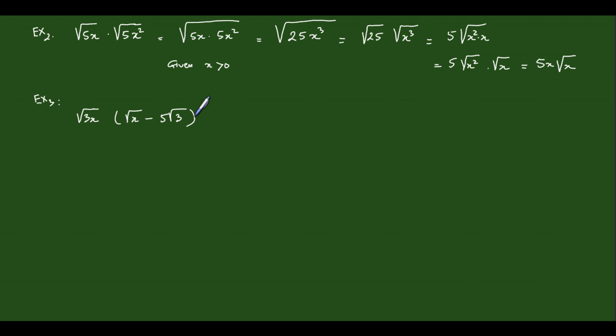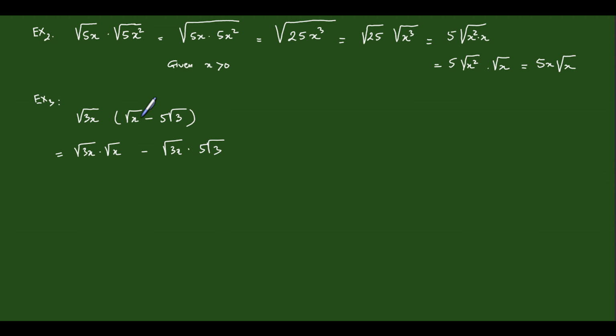So every time you see parentheses, you're going to distribute, right? So I'm going to distribute it. I'm going to have this multiplied by this, minus this multiplied by 5 square root of 3.